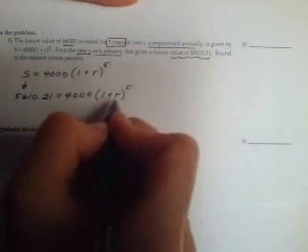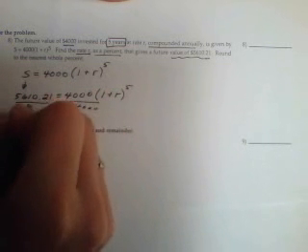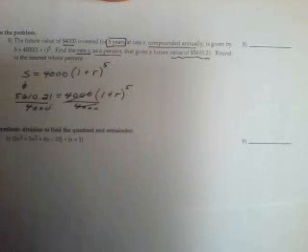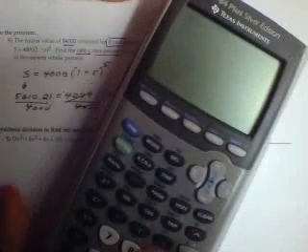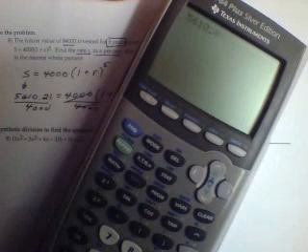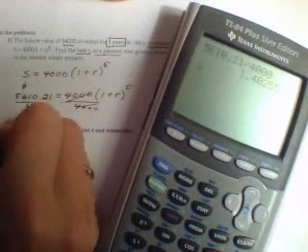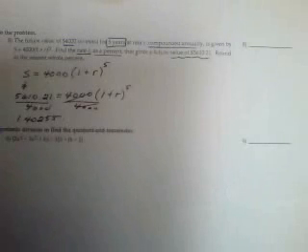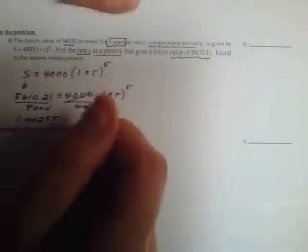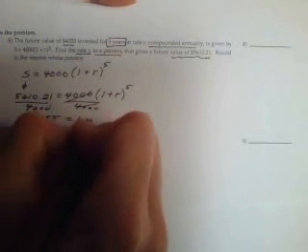The first thing I'm going to do to get R alone is divide by 4,000 on both sides. So let's see, I get approximately 1.42022 equals (1 + R)^5.